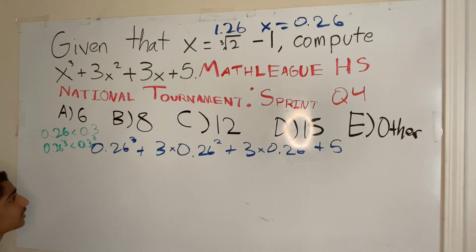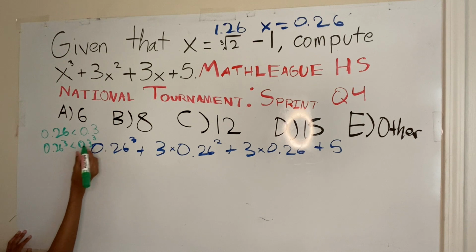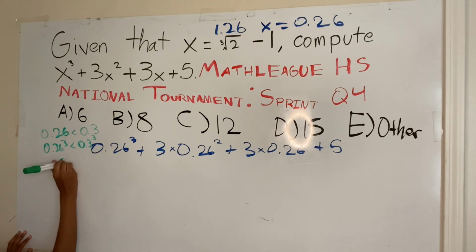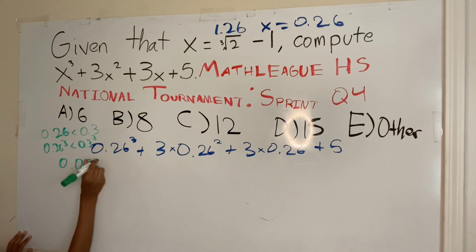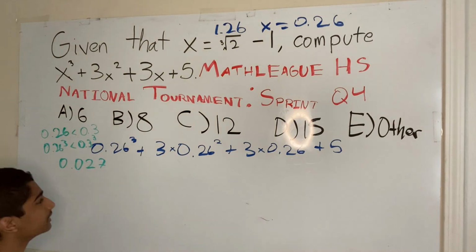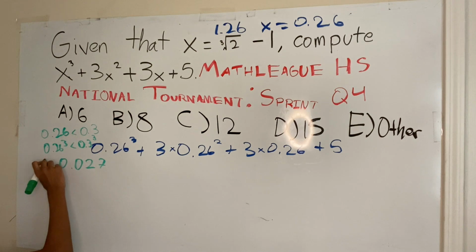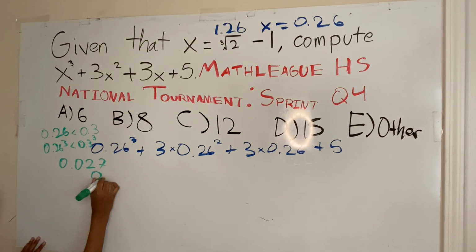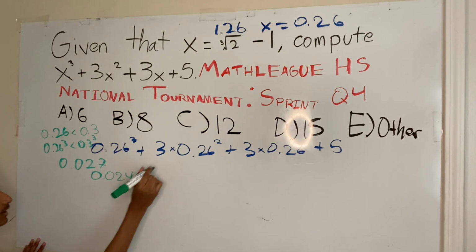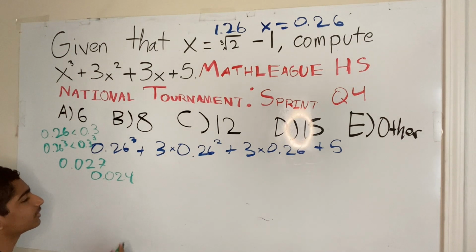So the upper bound for 0.26 cubed is 0.3 cubed, which is just 0.027, since 3 cubed is 27. So we want to reduce that a little because this is way greater than that. So we'll put 0.024.